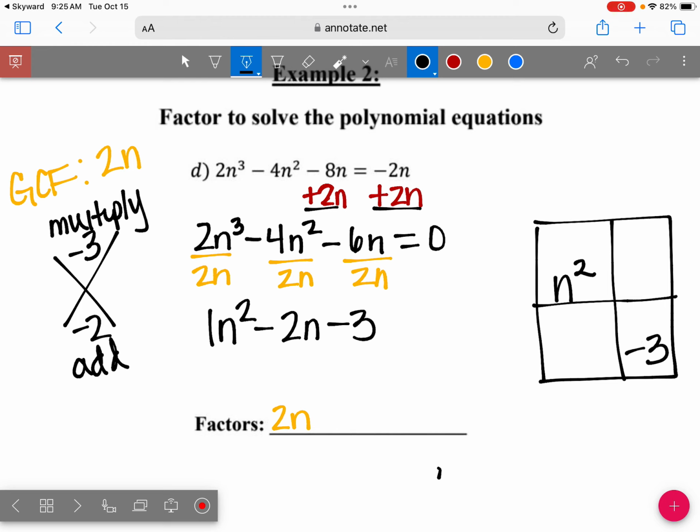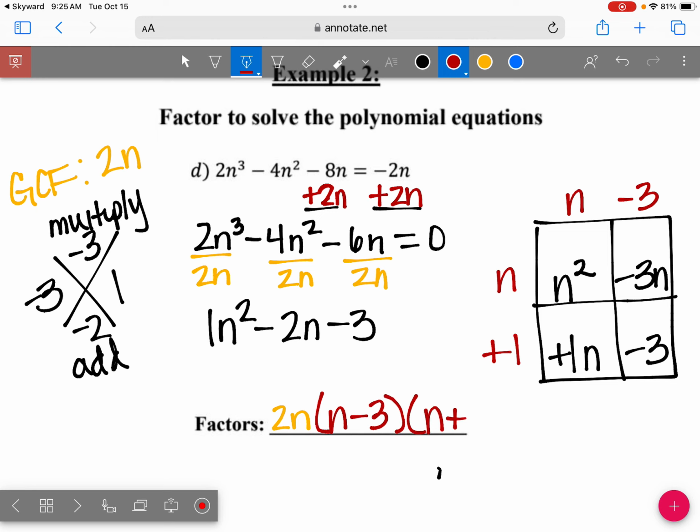They multiply to be -3 and add to -2. 3 and 1, which one do I make negative, the 3 or the 1? Not the 1. Because see how it has to add to a negative number? So the bigger number is negative. So we're going to put our -3 in and our +1 in. And when we take out our GCFs, we have an n -3 and an n + 1.